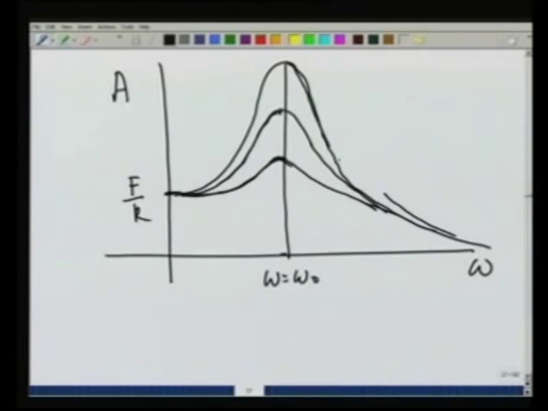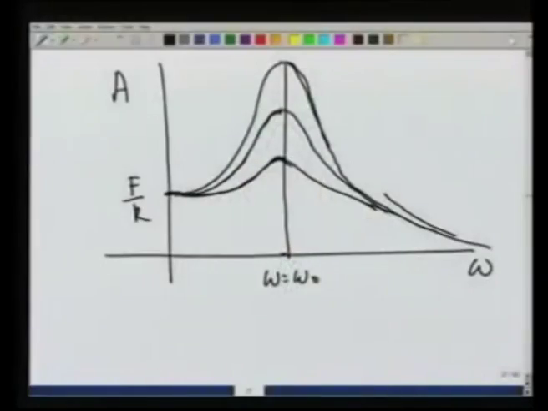So, if the frequency of the force that I am applying is equal to omega 0, the amplitude of oscillation becomes maximum, and this is again a reflection of the phenomenon of resonance.